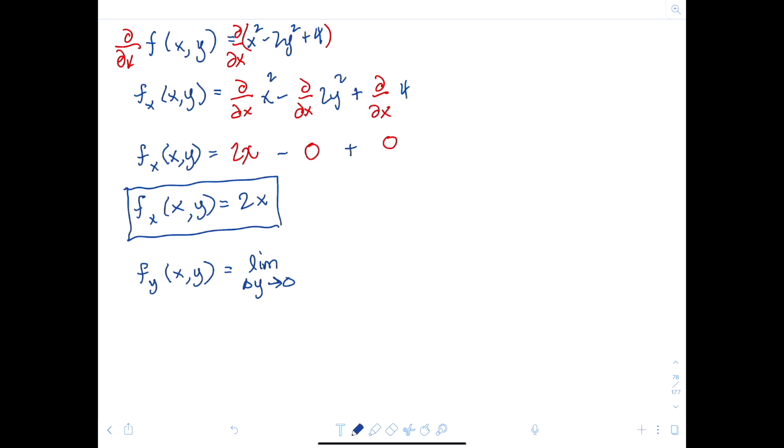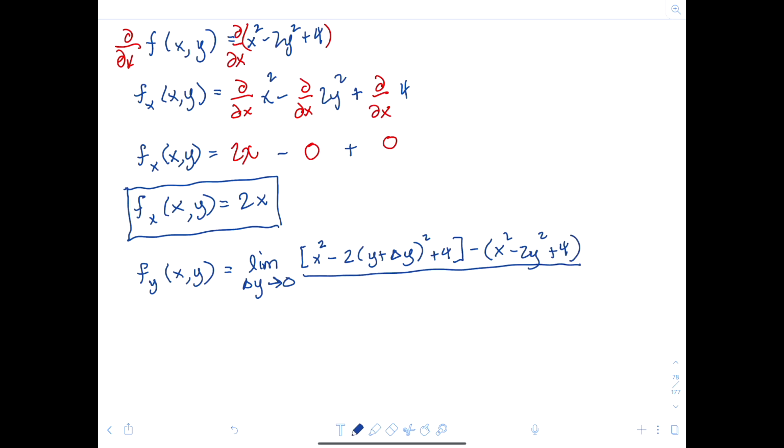So this time what's going to happen is we'll just have x squared minus 2 times y plus delta y, the quantity squared, plus 4. So that's our f of x comma y plus delta y. And then minus f of x and y, which was x squared minus 2y squared plus 4 all over delta y.